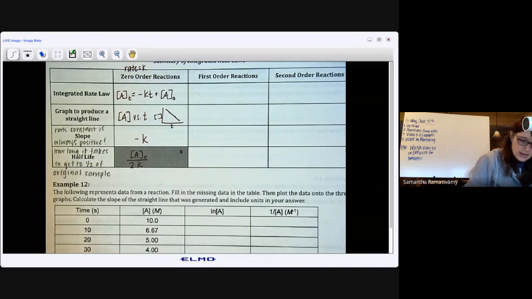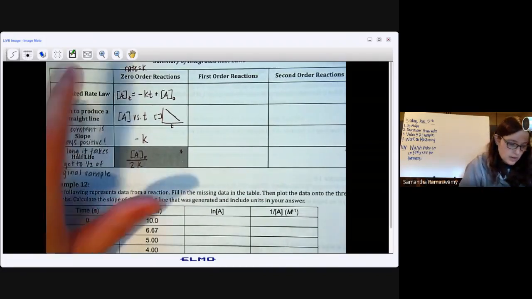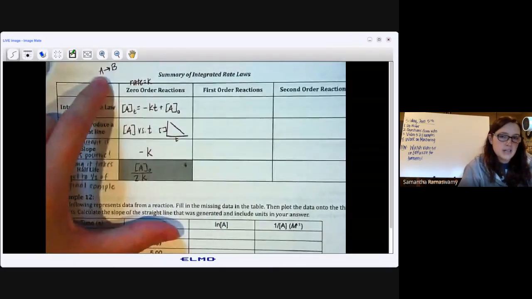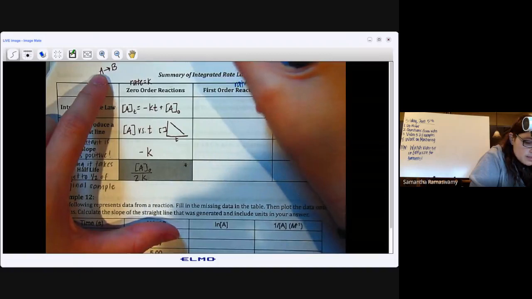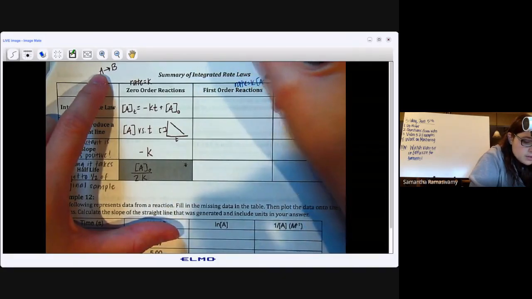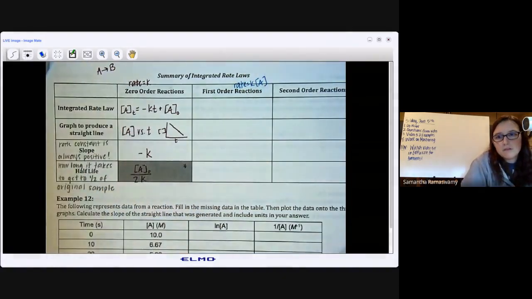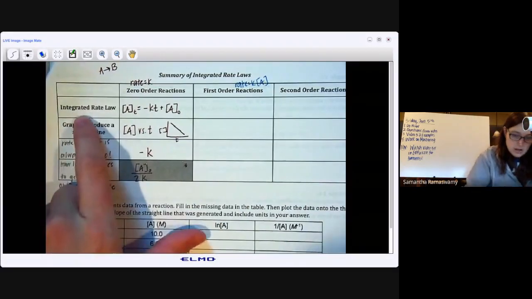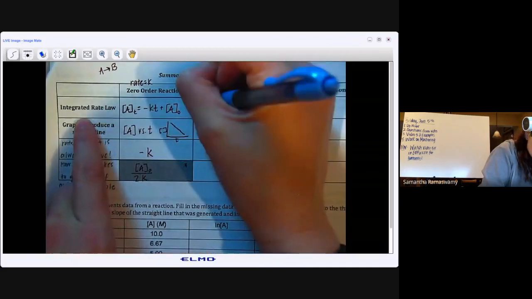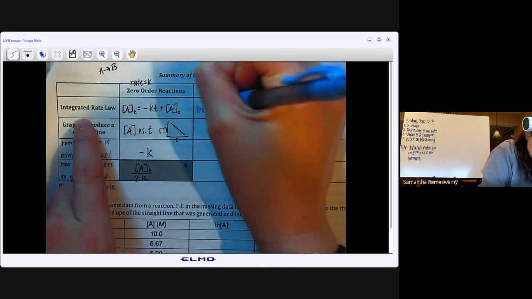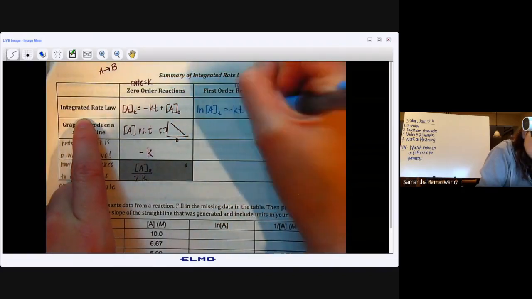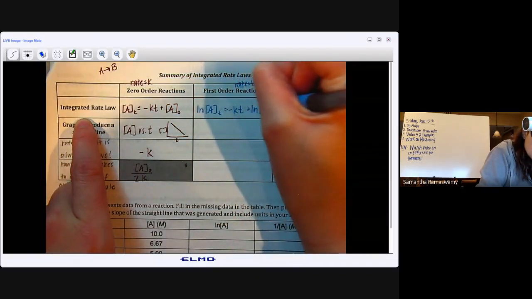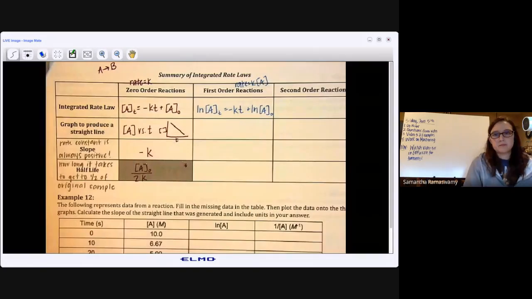Then we can look at first order. So if this process, A yields B, is first order, the rate law is rate equals k times the concentration of A. It's first order, the exponent is 1. While the integrated rate law, and again, this is on your equation sheet, is the natural log of A after some time equals negative kt plus ln of the initial concentration.